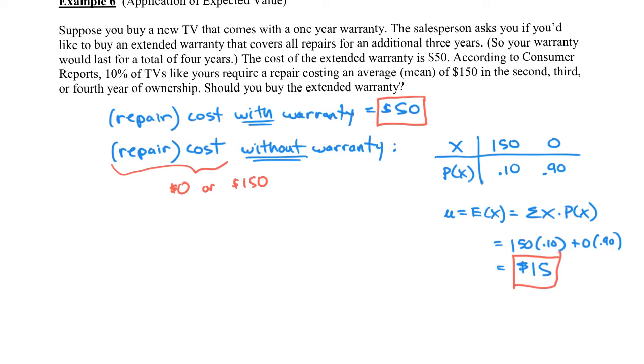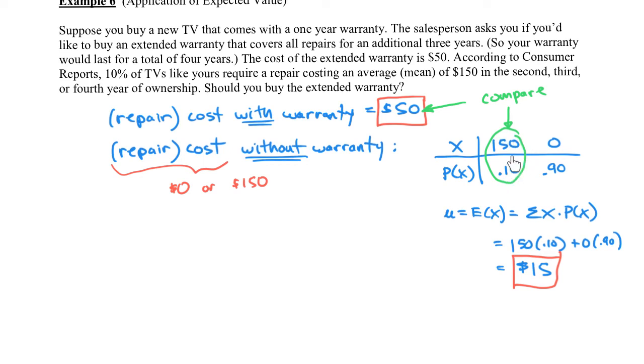So whenever you're in this situation for real and you're asked to buy a warranty, there's two numbers you need to compare. You need to compare the warranty cost with these two numbers multiplied together. You want to compare the warranty cost with the average repair times the probability of the repair.